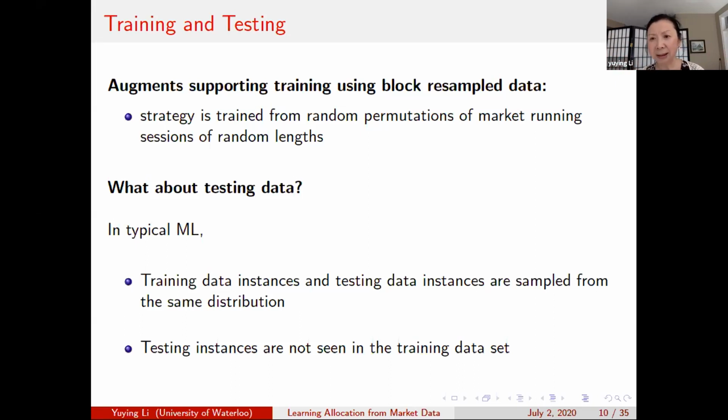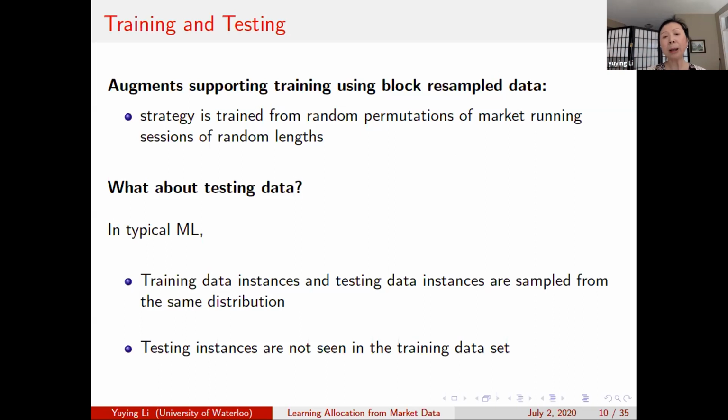But what about testing data? We're doing a machine learning approach, a learning approach, to determine our allocation strategy. We have to make sure our strategy really performs out of sample, out of the training data set, right? So the question is, how do we generate testing data? Well, in typical machine learning, the assumption is that the training data and the testing data are samples from the same distribution, right?